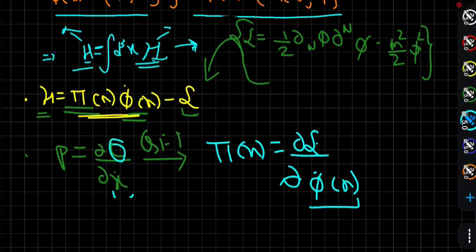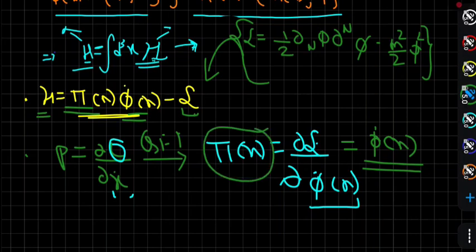This is a very important result which I will emphasize: this result is exactly equal to phi dot x. Yes, you have heard it right. Now I have pointed out the relationship between this momentum density and phi dot x.